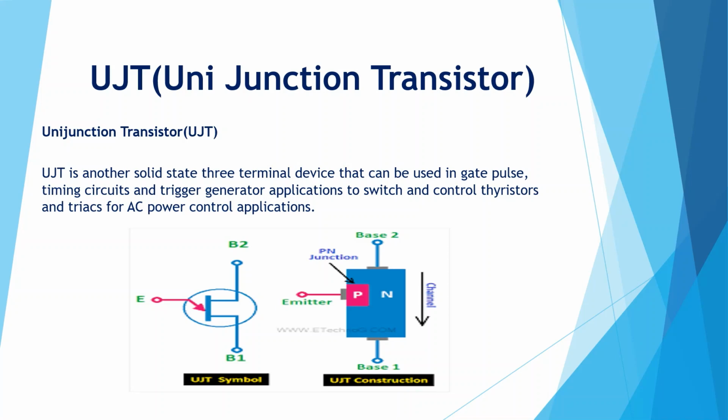It also exhibits negative resistance characteristics which makes it useful as an oscillator. What exactly I mean by negative resistance characteristics, we will understand when we go through the characteristics of the uni-junction transistor.